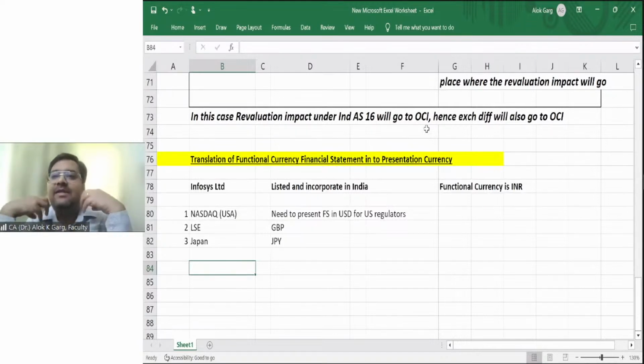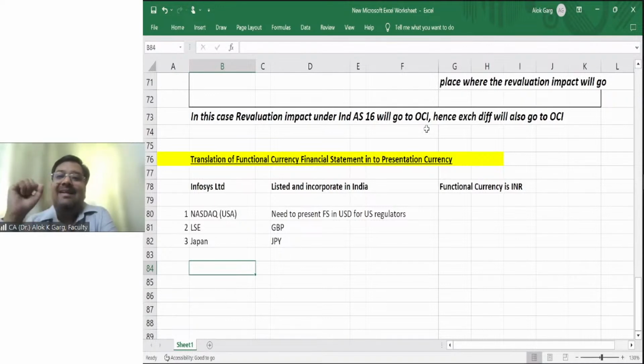For example, I am a standalone entity. I have no relationship outside India. My entire business is within India. Everything is within India. Do I have any foreign currency transaction? The answer is no. But I got listed in Nasdaq.